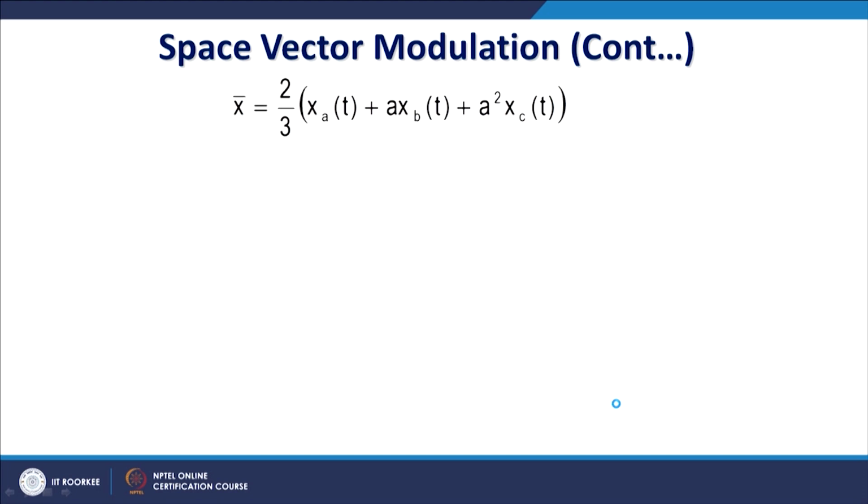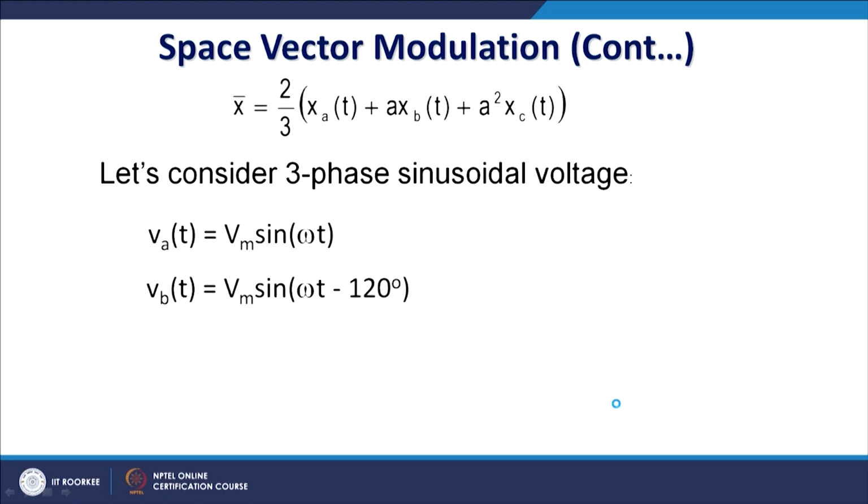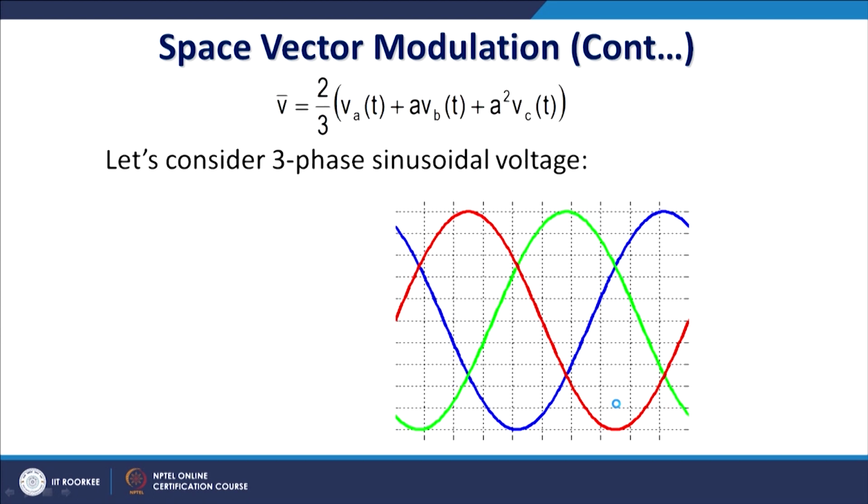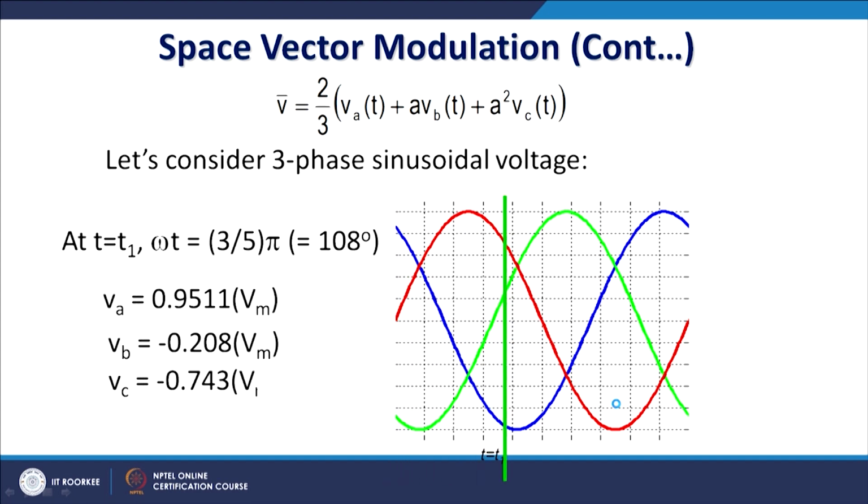So, let us consider our three sinusoidal voltages. This is a standard system, and this is their graphical representation. There are three sine waves 120 degrees apart, and then let us take some instantaneous value.